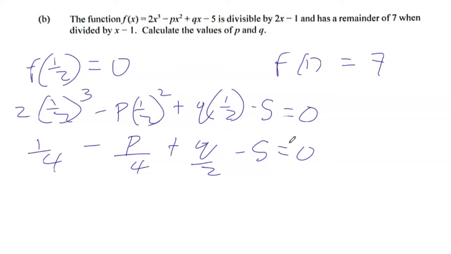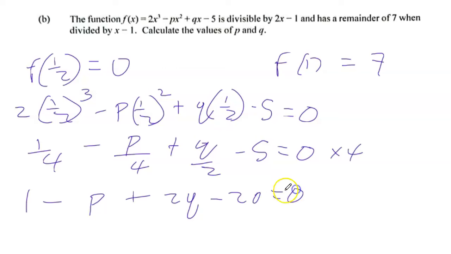And of course, one thing we could do to get rid of the fractions, we can multiply by the LCM, which is 4, so we can times each term here by 4. So 4 times a quarter, that's 1. 4 times p over 4, well, that's negative p. 4 times q over 2, that's 2q. And 4 times minus 5, that's minus 20, equal to 0.